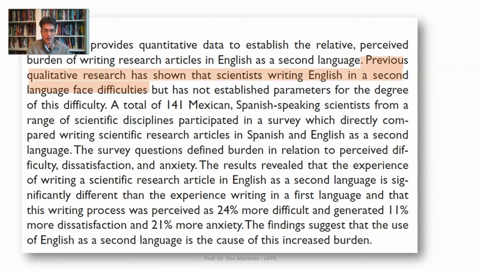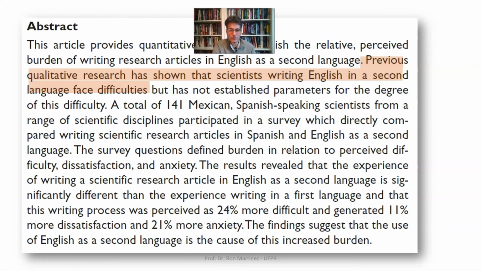So here, basically in the second sentence, territory is established. Previous qualitative research has shown that scientists writing English in a previous language face difficulties. So that's in the second sentence, in the first part of that sentence.